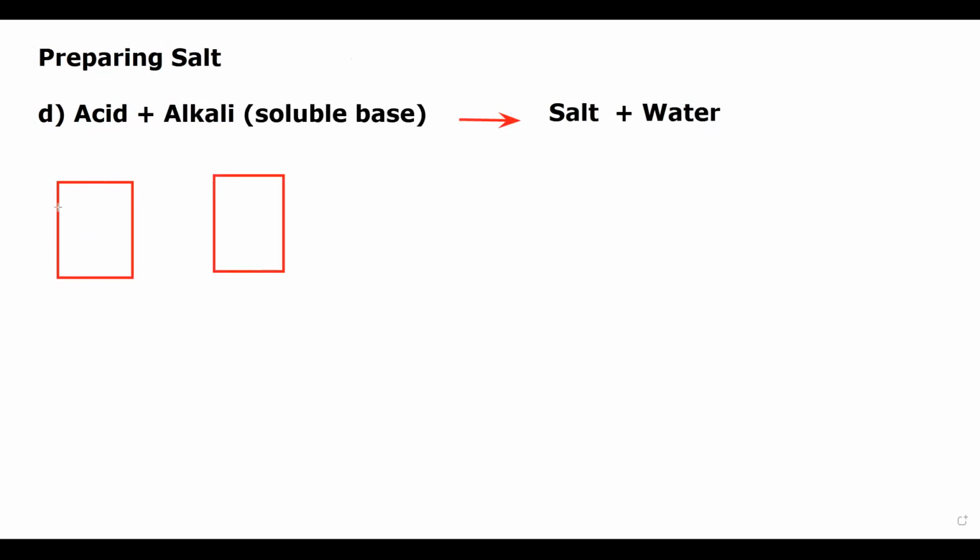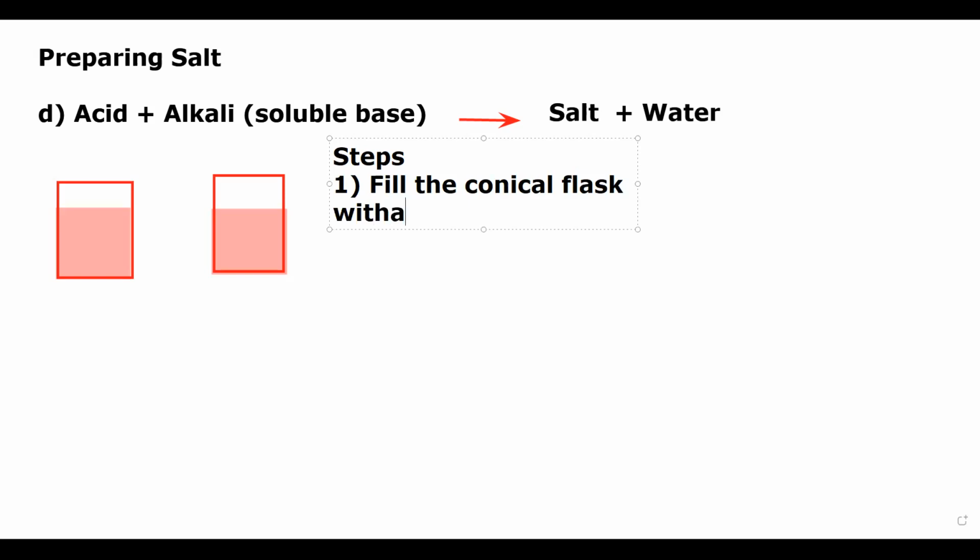We cannot identify how much acid is needed to react with an alkali. So if they cannot be mixed directly, what will be the steps? Number one, we will fill the conical flask with acid.